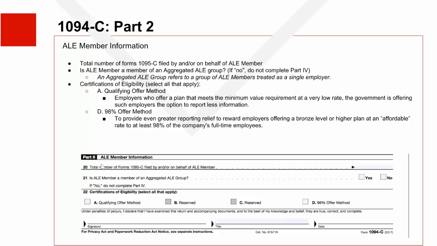Similarly, the 98% offer method provides greater reporting relief, sort of as a thank you to employers offering a bronze level or higher plan at a quote-unquote affordable rate to at least 98% of the company's full-time employees. You can select those, and that lets the IRS know even on your transmission page just how much information is expected on the forms to come.